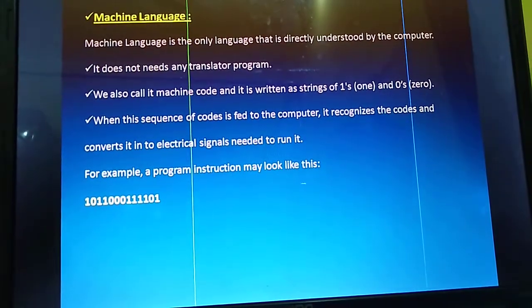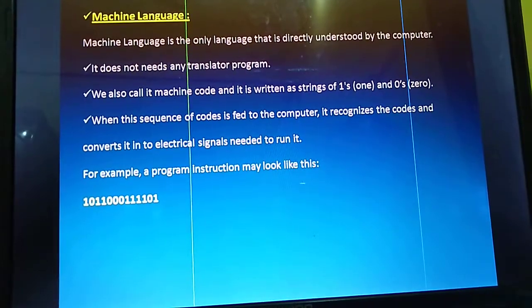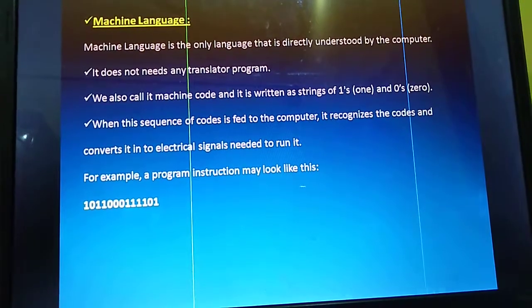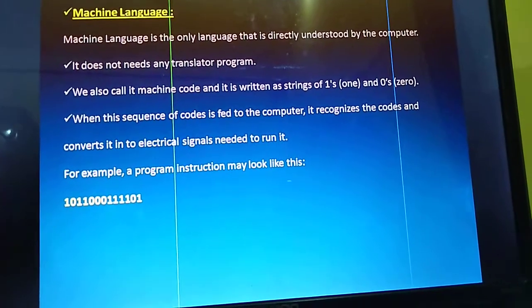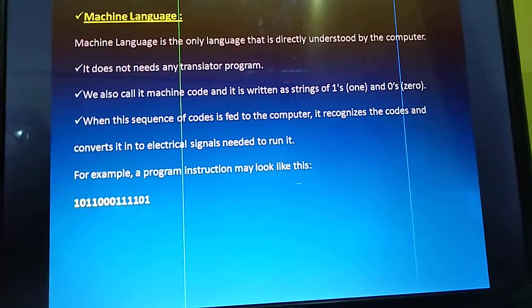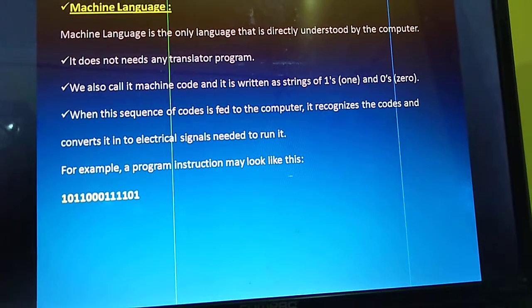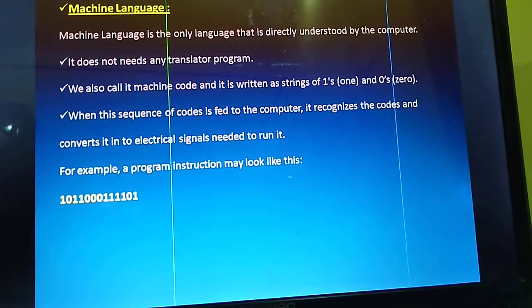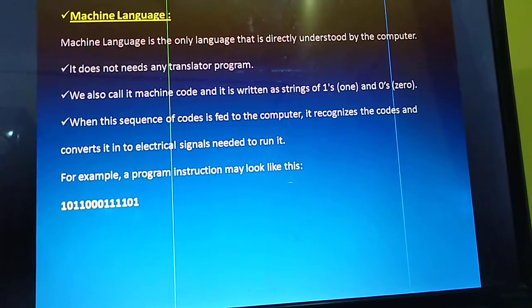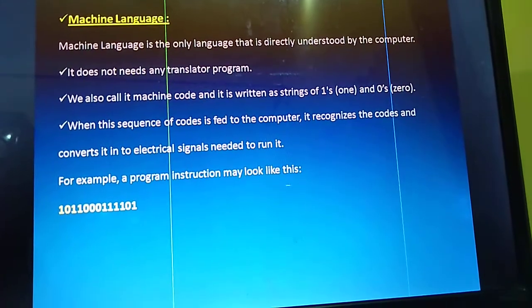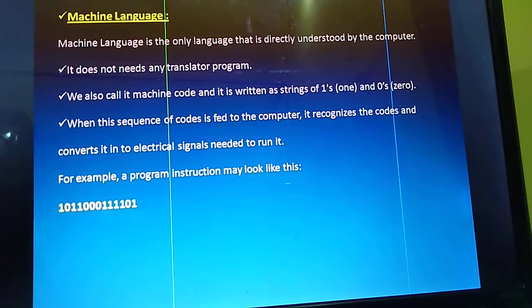First, let us try to understand that what exactly the machine language is. The very simple concept about the machine language is that it can be directly understood by the computer. It means no translator is required. What is the translator?